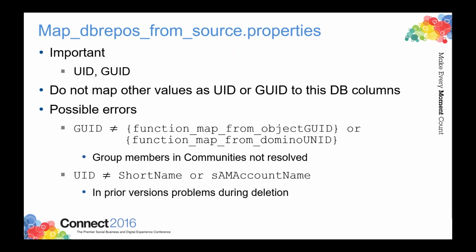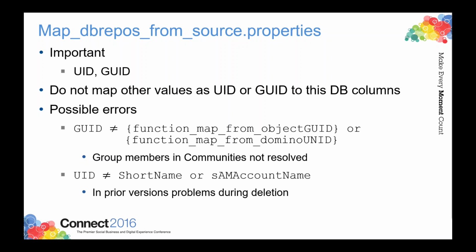Very important within the profile attribute mapping are UID and GUID. The UID is normally the short name within Domino or the account name within Active Directory, and the GUID is calculated from the person document ID within Domino or from the SID within Active Directory. I found several issues when you do not really use UID or GUID with these functions within the mapping property file.